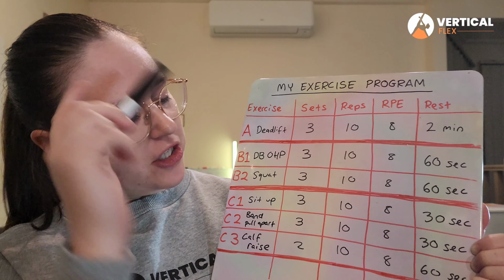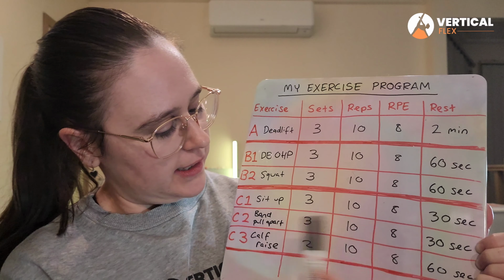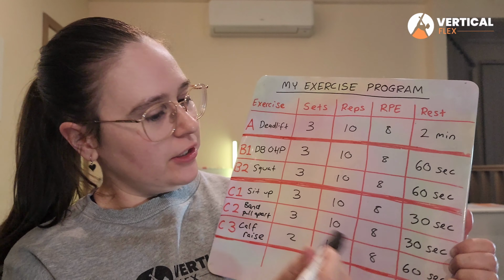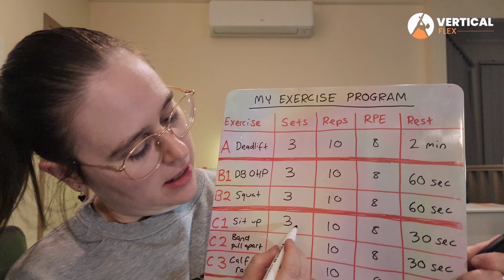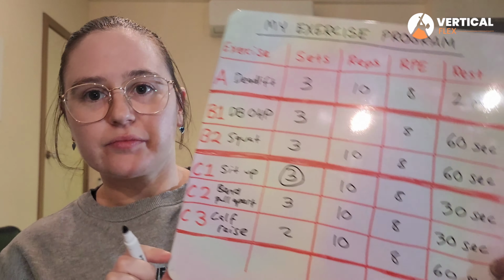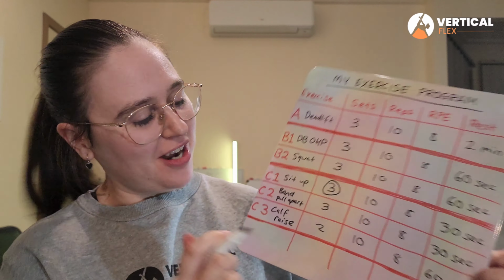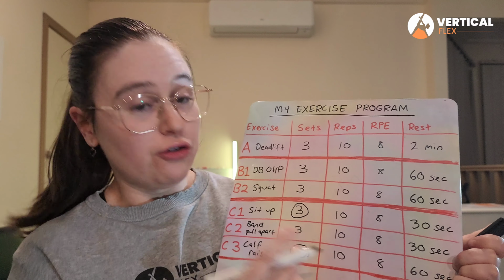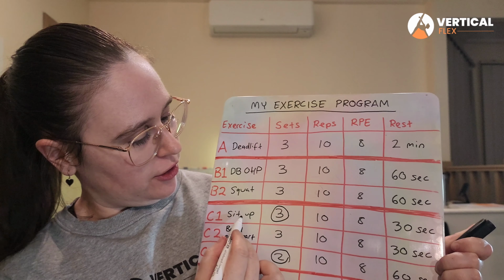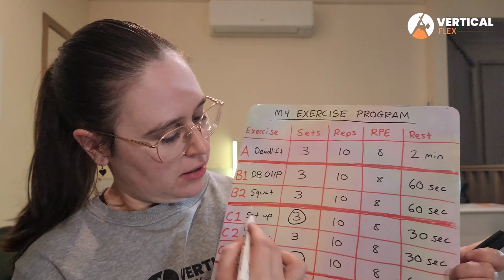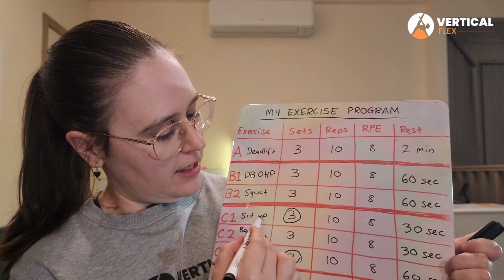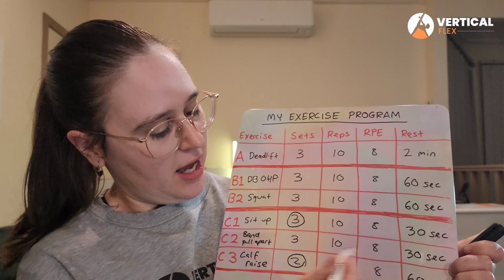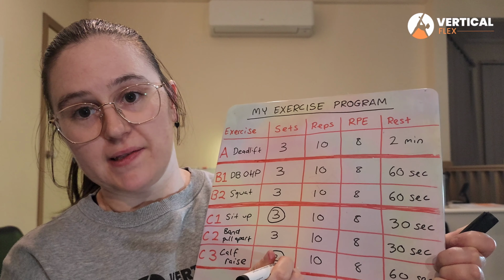So you're just going to imagine that you keep reading everything across this way until you've done the exercise this many times. Just for the sake of keeping it different, you'll notice that I made C3 2 sets. So what I would do is I would go 1, 2, and then I do these 3 times, and then I don't have to do this one because this one's only twice.